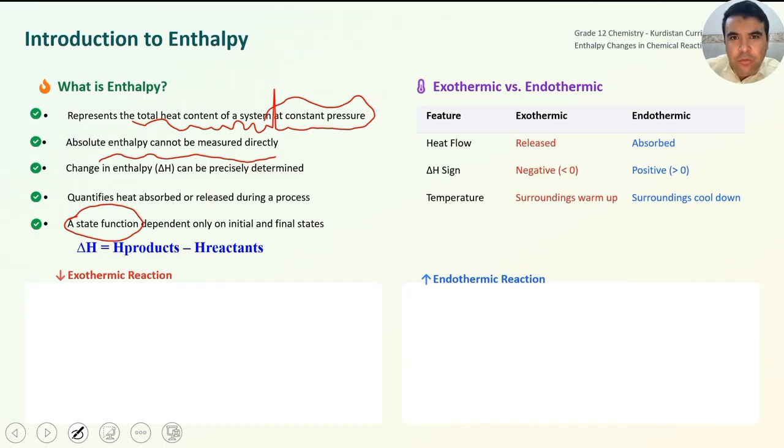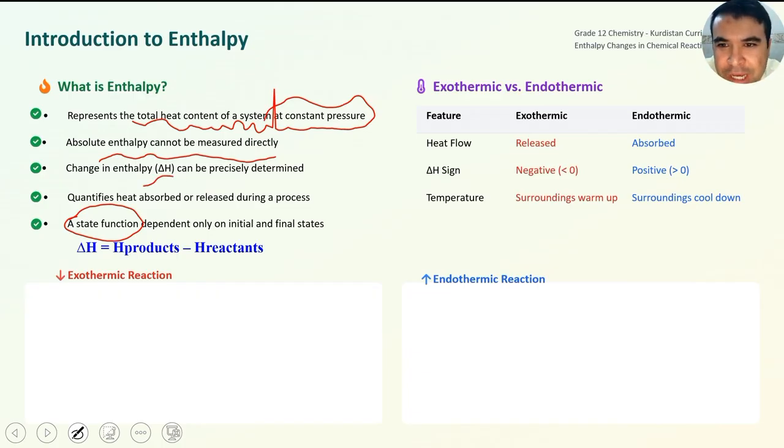At the beginning of the reaction, we should measure the heat of the system, and at the end we should measure the heat again, and then subtract the initial from the final to get the enthalpy change of the reaction.